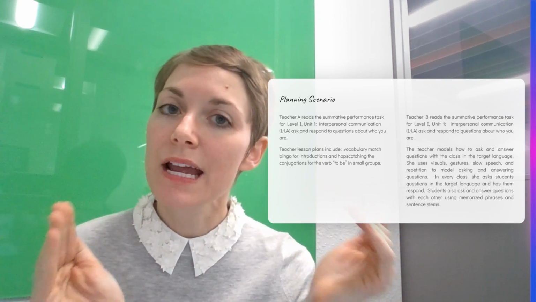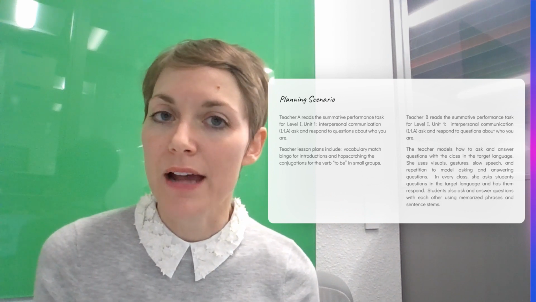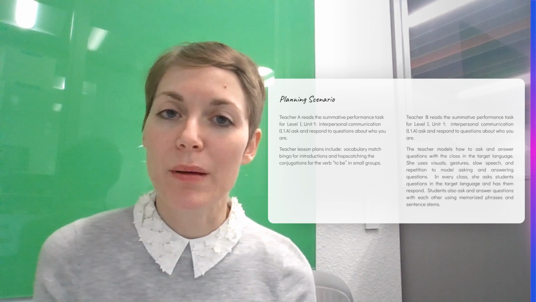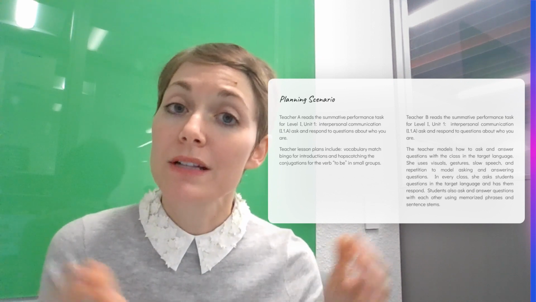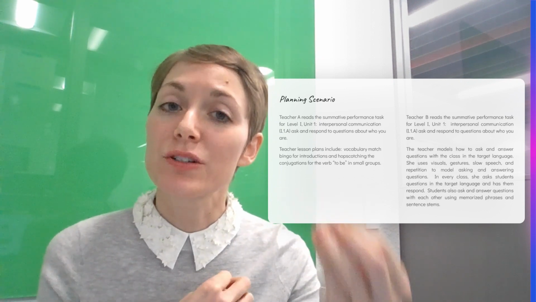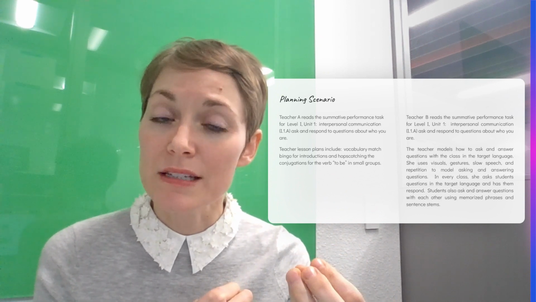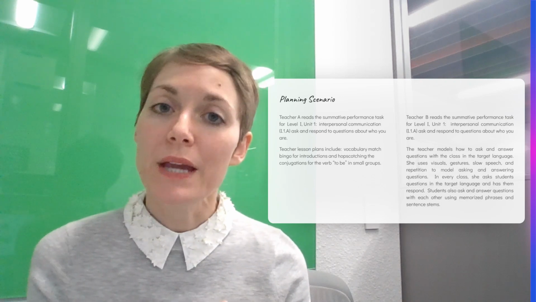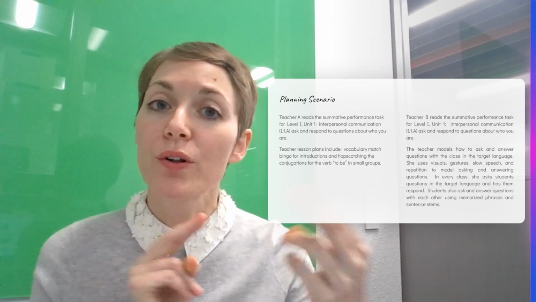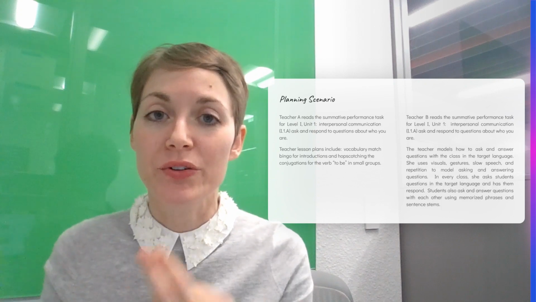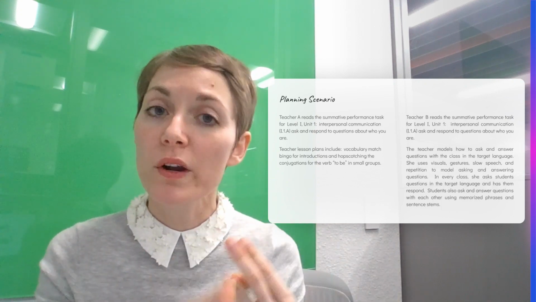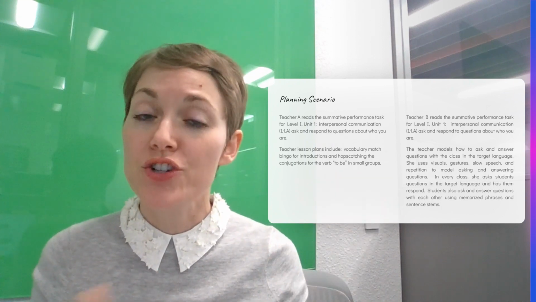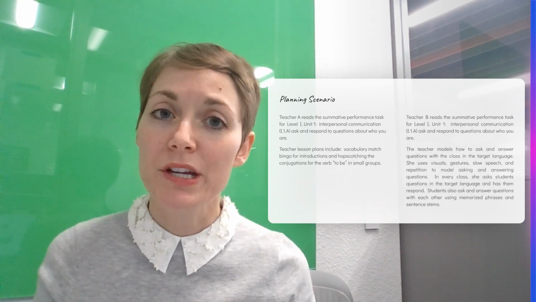So let's take a look at Teacher B. Teacher B reads that same summative performance assessment task. Students are going to ask and answer questions about who they are using memorized words and phrases. But Teacher B, instead of discretely teaching vocabulary from a list and making games to help the students memorize it, is going to model asking and answering questions with students in class, supporting her target language use with visuals, gestures, slow speech, and repetition.